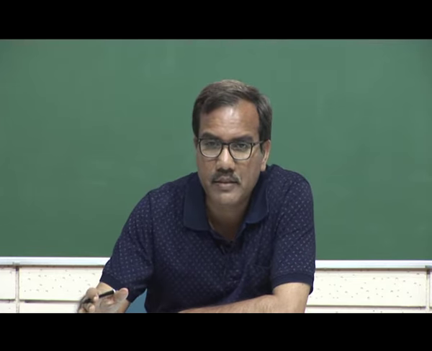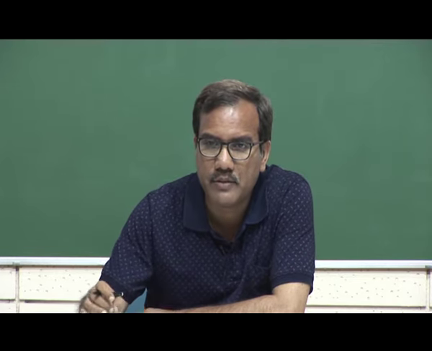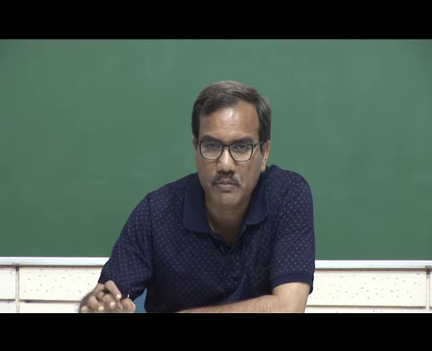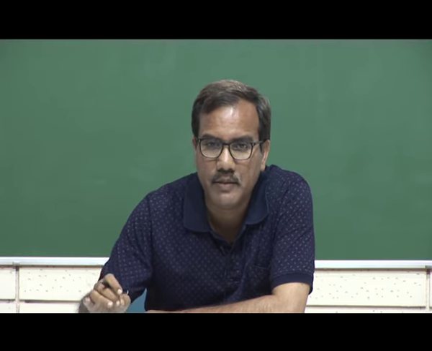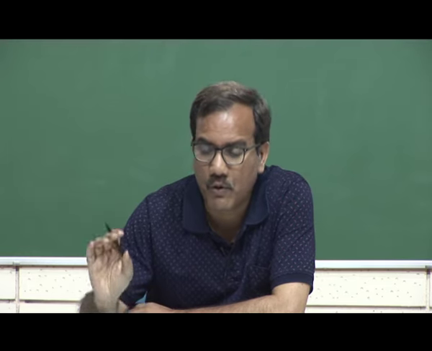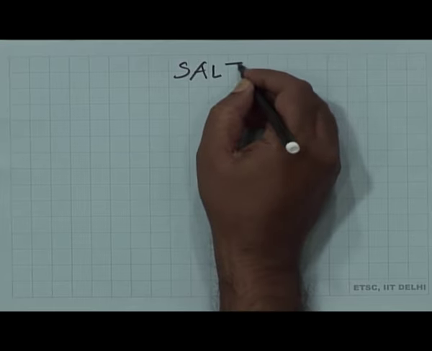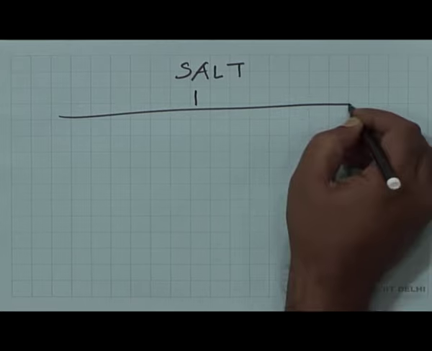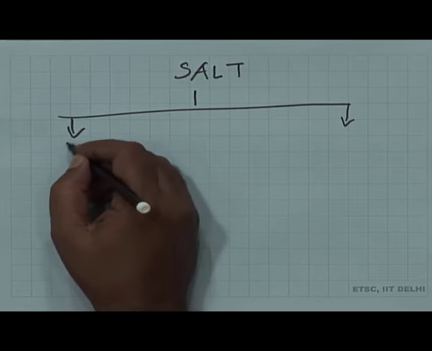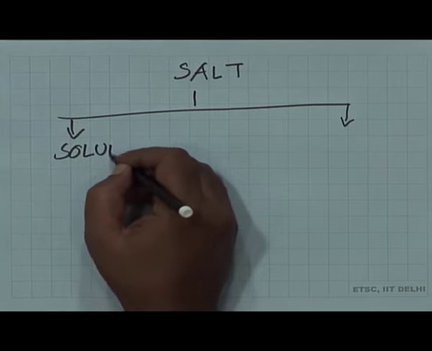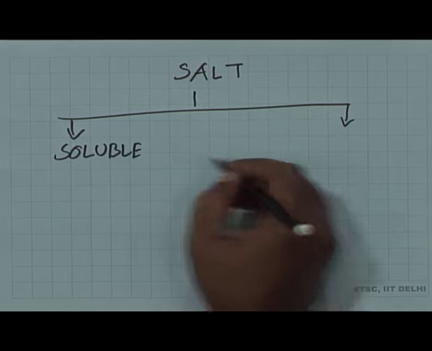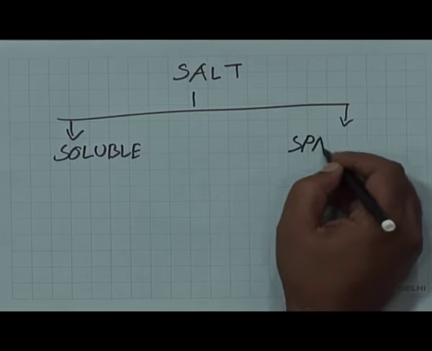So, we have discussed a strong acid, a strong base, soluble salt, weak acid, weak base. Now, we will go for salt. Again I told you that salt can be of two types, soluble and insoluble, or we can say sparingly soluble.